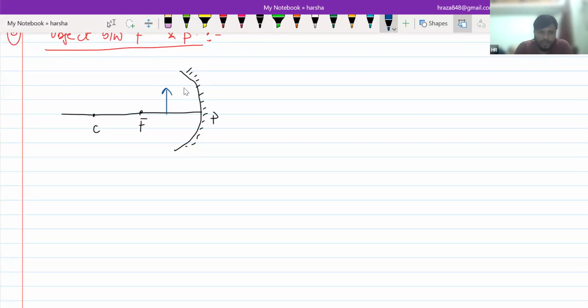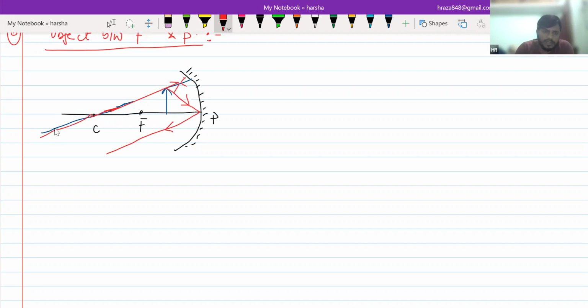Now see how the rays will go, and one of the rays we will take as the ray passing through center of curvature. Whenever a ray passes through center of curvature and strikes the mirror, it will retrace its path. And one of the rays will go like this.